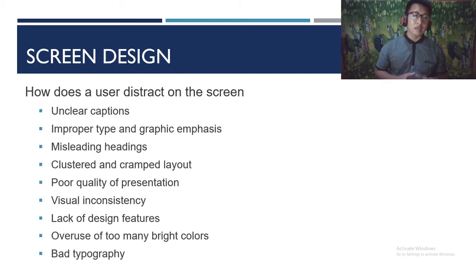Third is misleading headings. This is very important in the interaction with the screen. If there are misleading headings for a specific part in the application, that makes the user confused. Where did this heading come from and what is the purpose of this heading here?